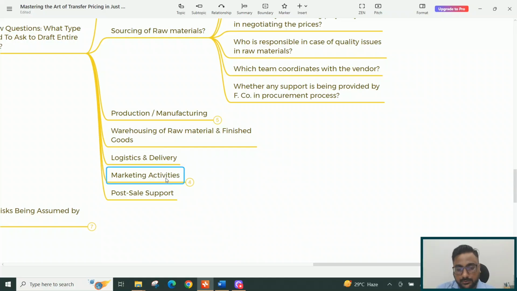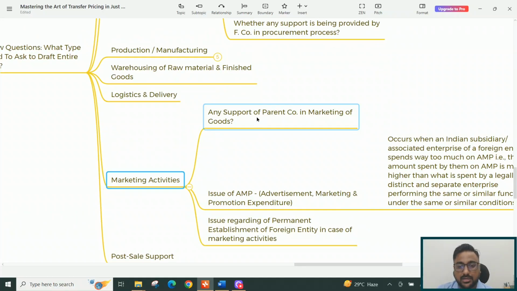Then which entity undertakes marketing activities? Now guys, when we are discussing the marketing function, I would also like to draw your attention to certain aspects. What is the support of the parent company in marketing of goods? For example, there could be a global brand like Adidas or H&M. They have their global presence in the entire world, right?